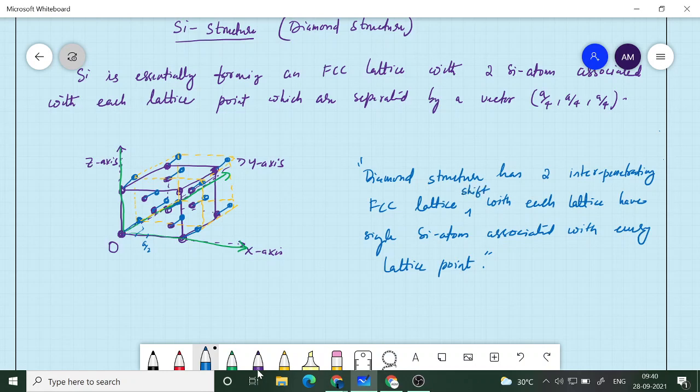shifted by a/4, a/4, a/4, with each lattice having a single atom associated with every lattice point. Okay, so this is an alternate way of looking at it.